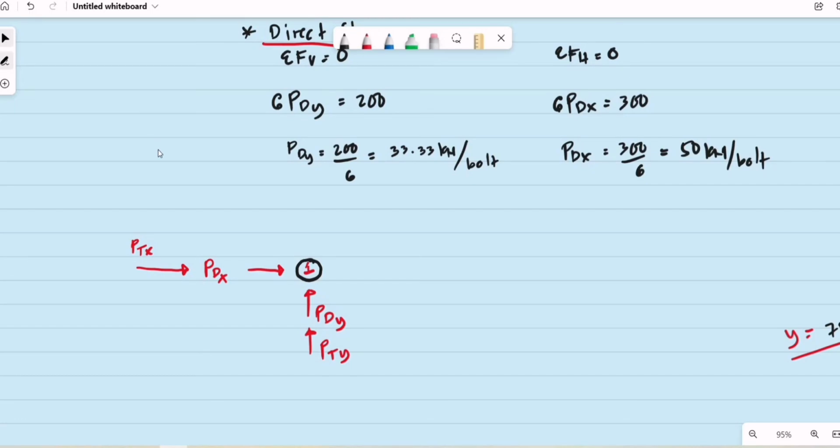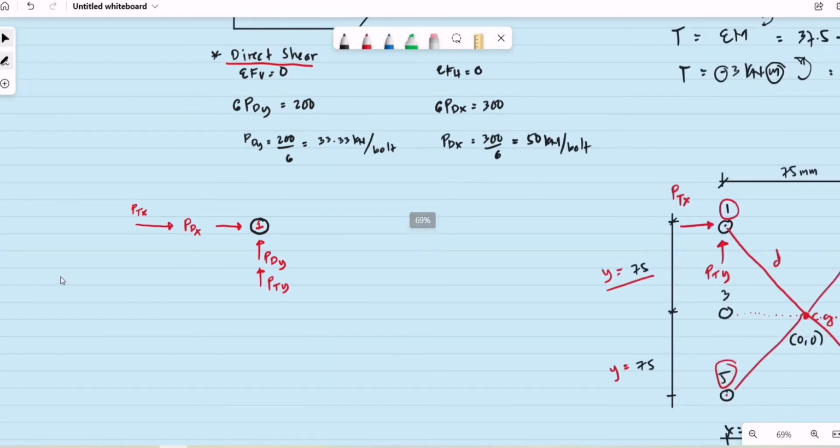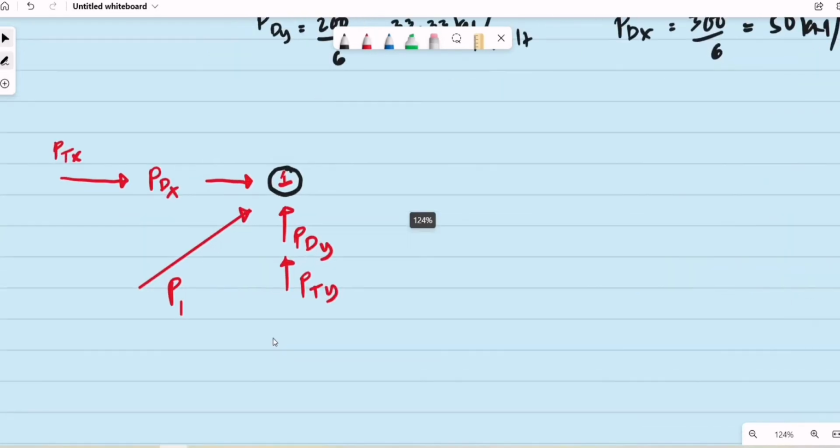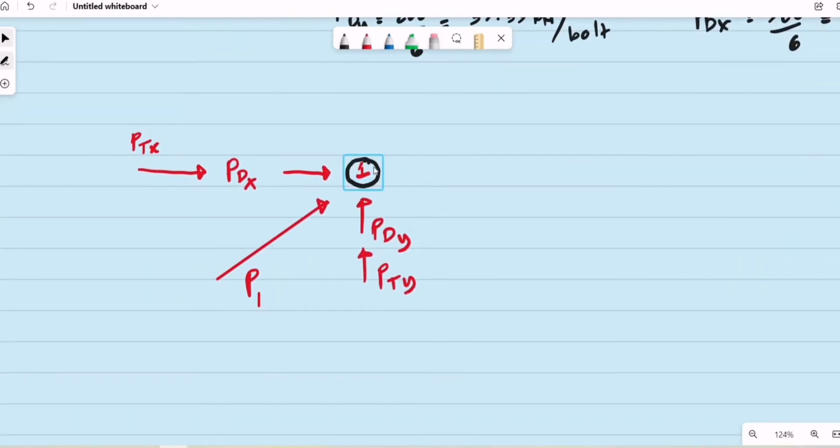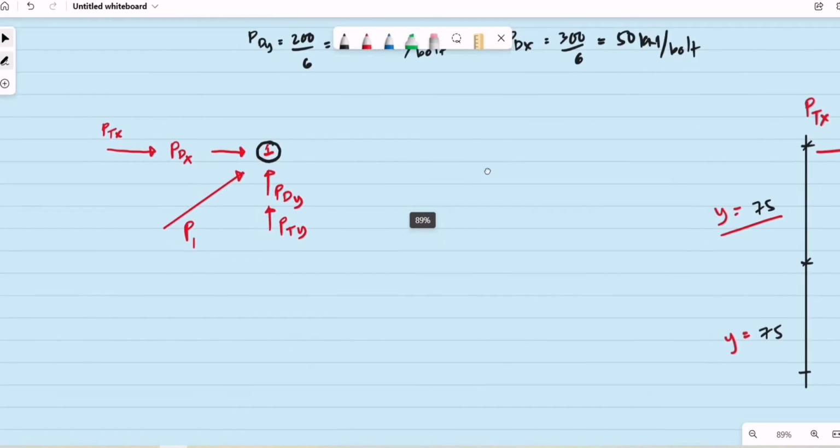We are now computing for the resultant reaction of 1 bolt. This is P sub 1, the total shear acting on our critical bolt, bolt number 1.